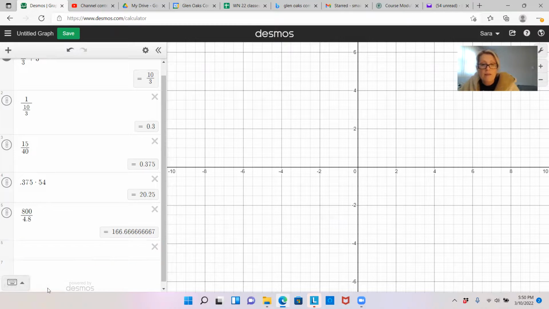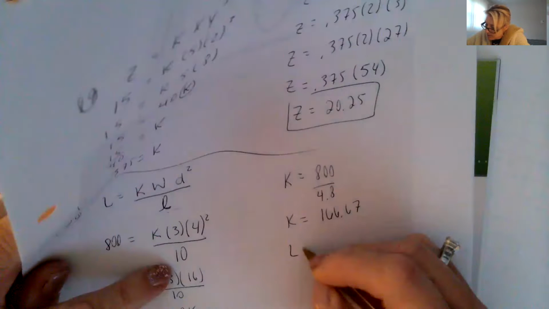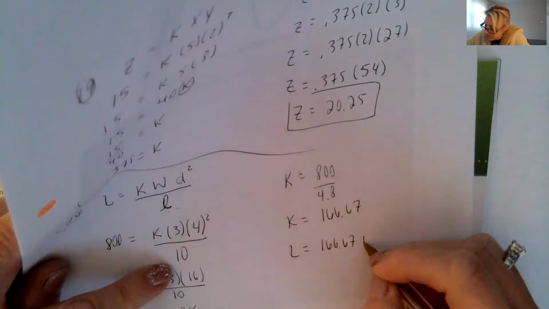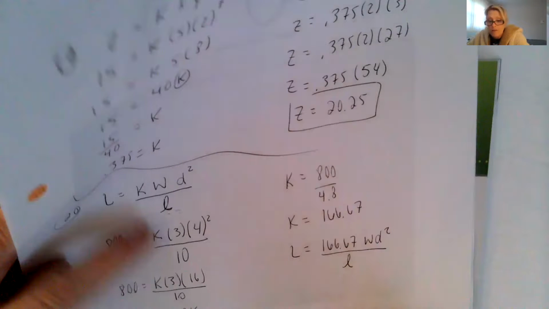And then they said, now use that information with K and create your real equation. So our real equation is L equals 166.67 times W D squared over little l. And they said, what is the load?